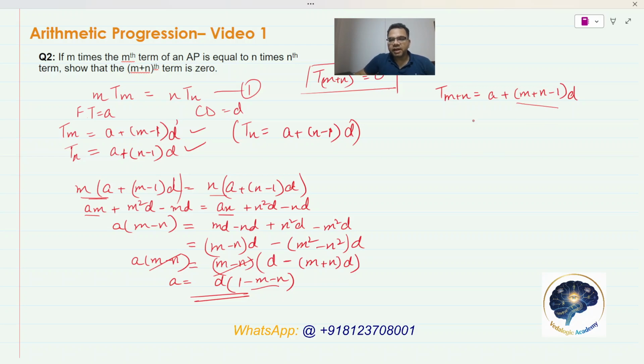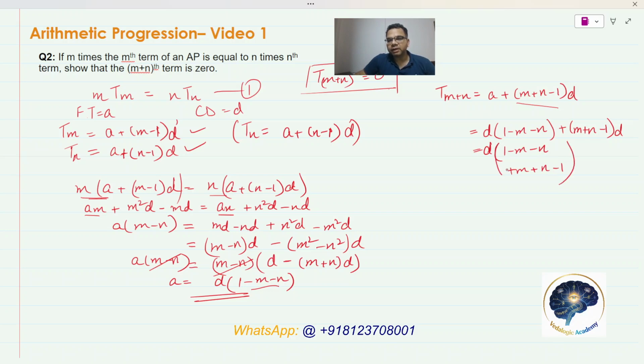So what I'm going to do is I'm going to put the value of a here. So a is nothing but d into 1 minus m minus n, right? Plus m plus n minus 1 into d. So if you see here, if we take d common from here, what will remain? 1 minus m minus n, and I'll put this one also plus m plus n minus 1.